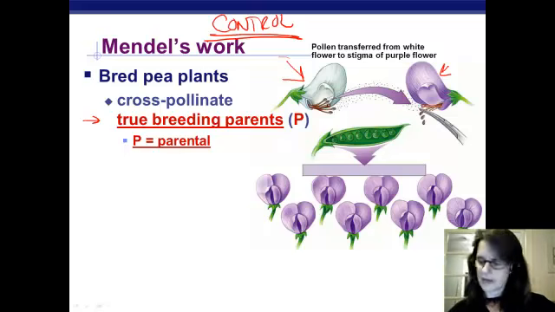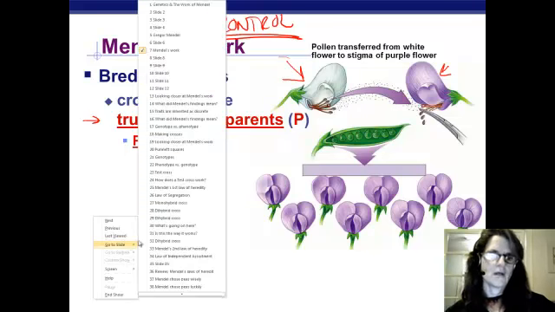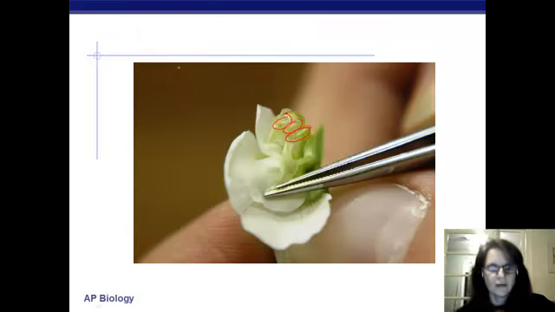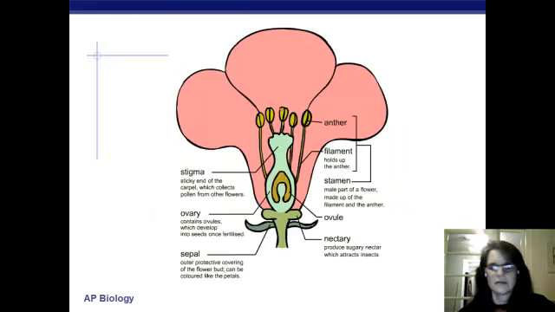The way he would do that would be literally to take the male parts of one plant. Okay, here we go. We've got the male parts right here. This is the female part, the pistil, right there.